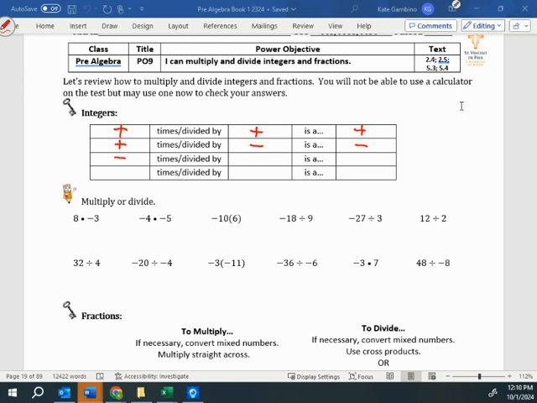If we have a negative sign multiplied or divided by a positive, you should be filling this in, our answer is a negative. And if we have negative multiplied or divided by a negative, our answer is positive. So if the signs are the same, two positives, two negatives, the answer is positive. If the signs are different, it's going to be a negative.